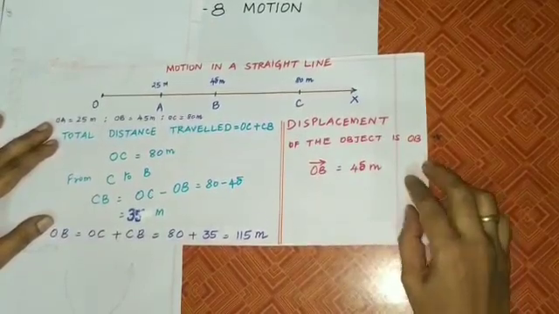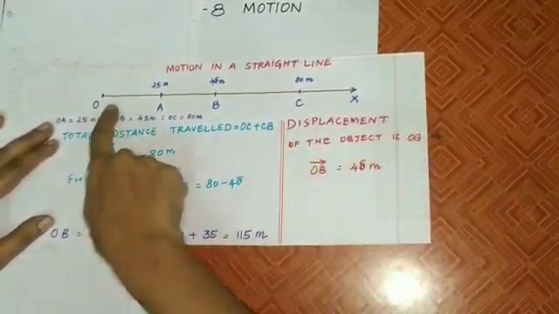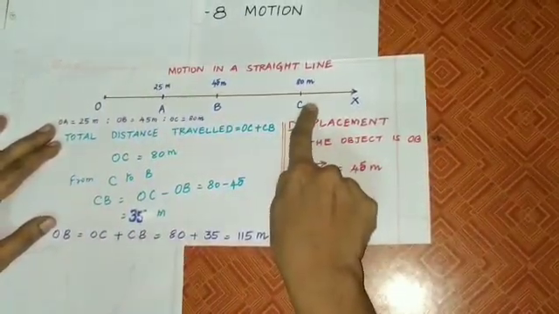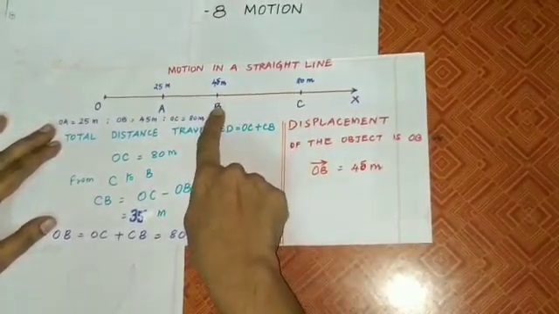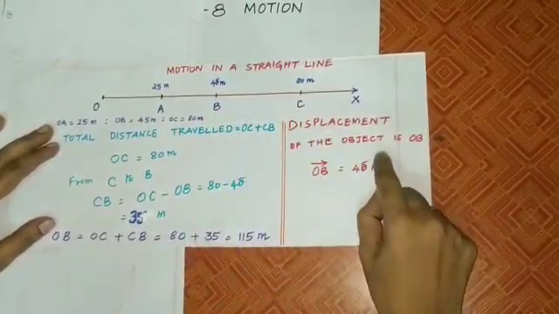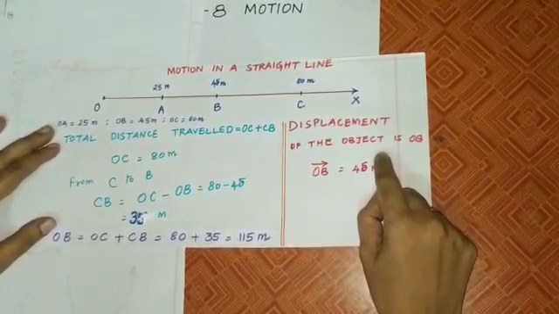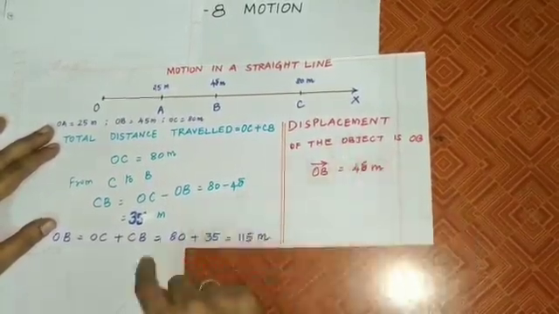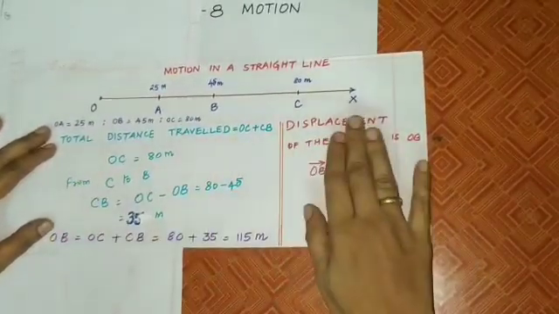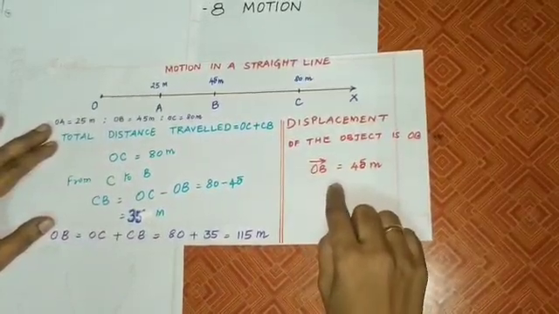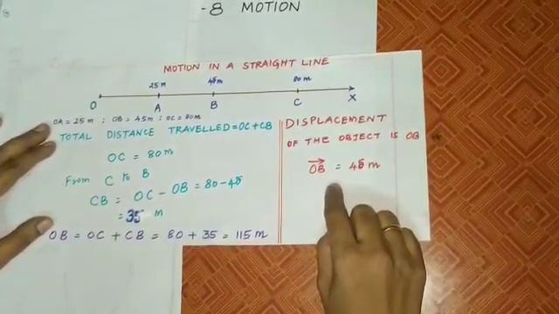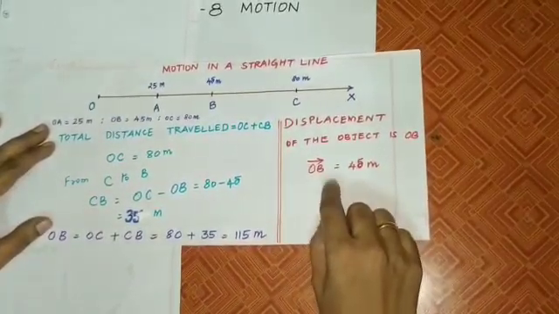Let the object go from O to C and come back to B along the same straight line. The total path covered by the object can be found as OC is equal to 80 meter.